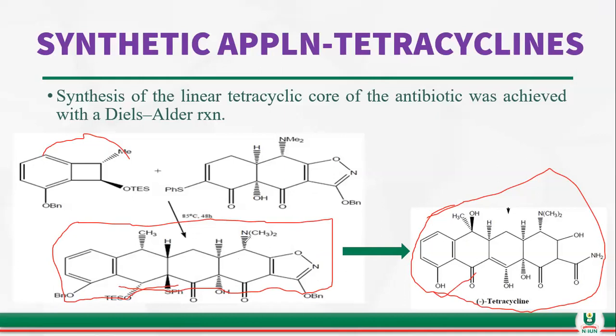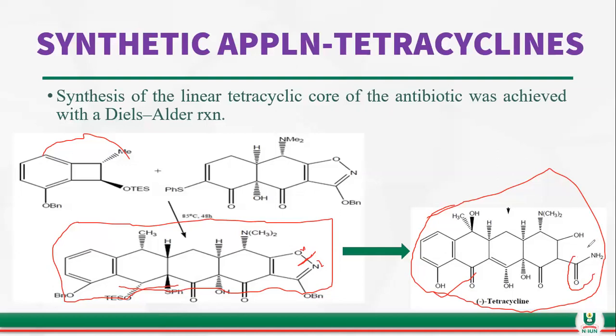Remember, if you look at this intermediate that was formed, it is having 5-ring system, but your tetracycline is having 4. What happened is the hydrolysis that led to the breaking of this ring. There is ring opening reaction that happens here that turns these ones to OH and turns this one to NH2 of amide.